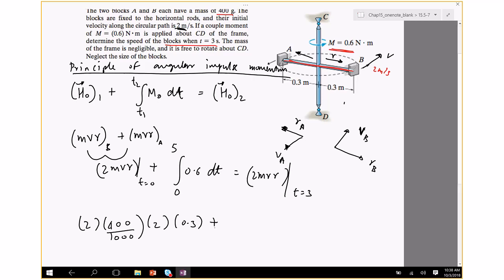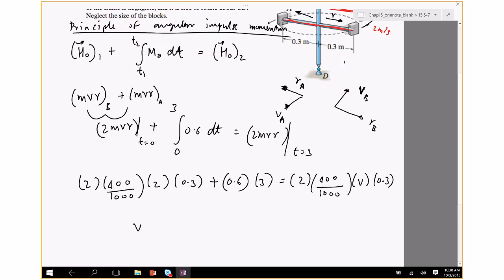So 0.6 times, this should be 3, so 0.6 times 3 equals 2 times 400 divided by 1000. V is unknown, R is 0.3. So one equation, one unknown. V comes out to be 9.5 meters per second.